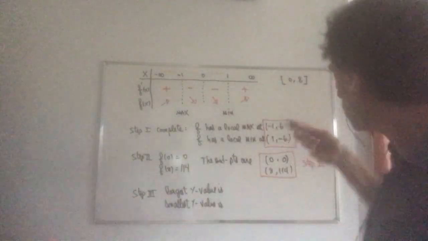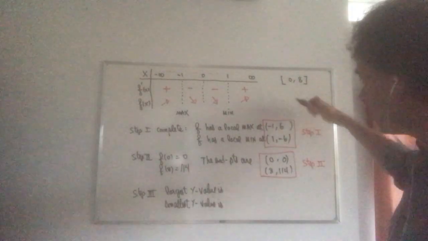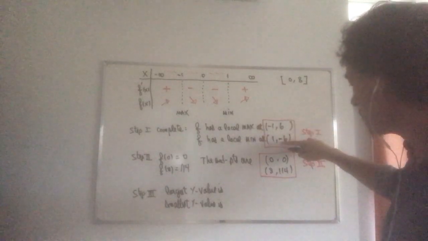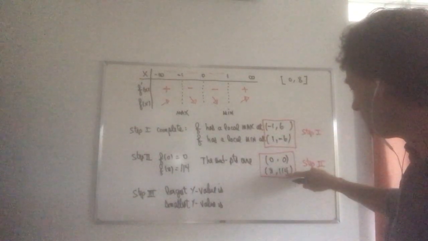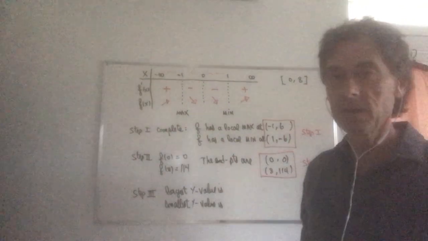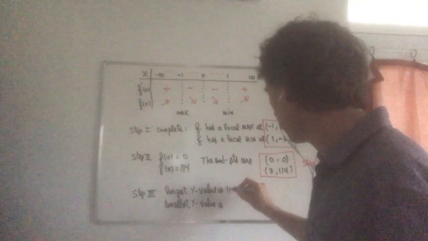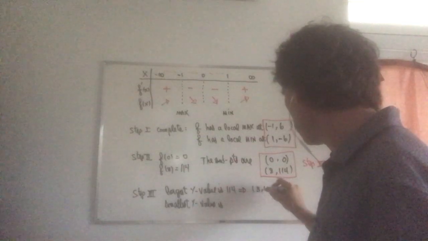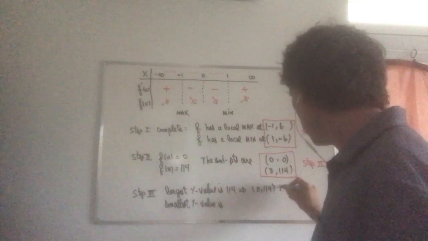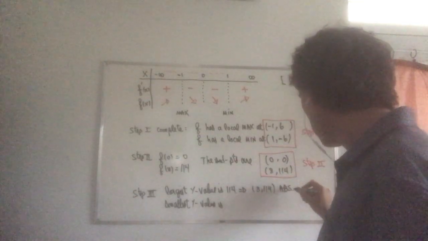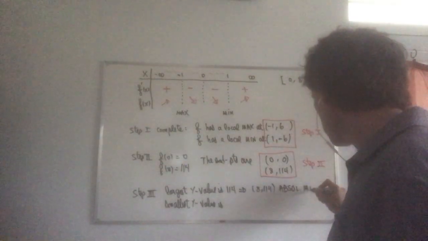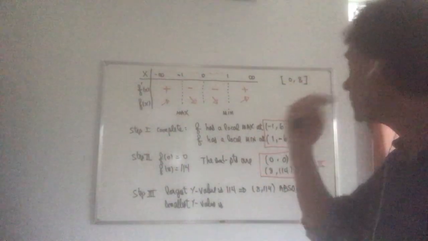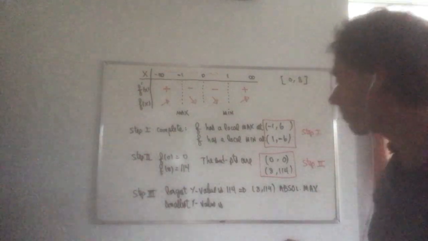The largest of these y values, here are your choices: 6, minus 6, 0, 114. Clearly, the largest value is 114. And that means that 8, 114 is the absolute max.